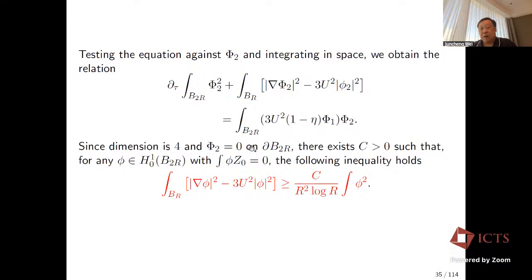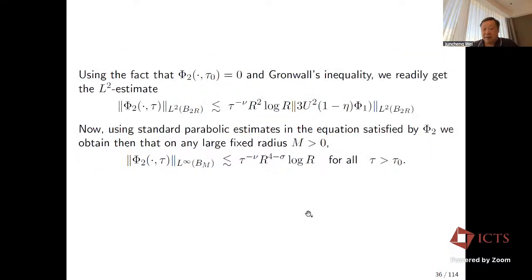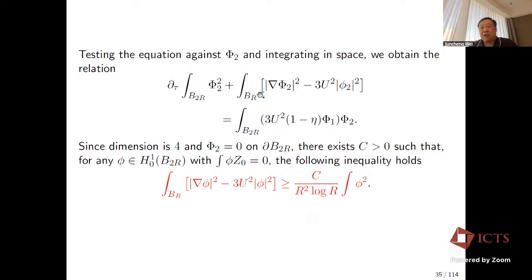Using the Dirichlet boundary condition, we can gain a little bit of spectrum gap, but the spectrum gap depends on R squared.